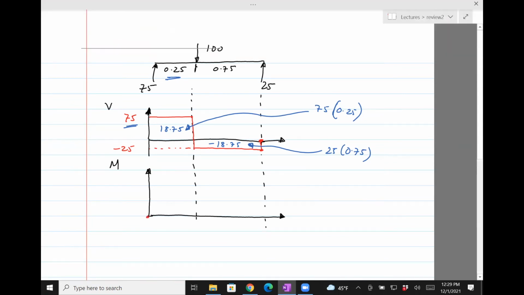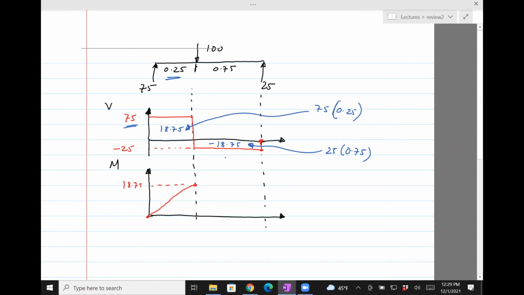So it starts off at 0, and then it varies linearly with distance, because it's going to be something like 75 times x, where x is the distance from the left side. So it'll keep increasing and go up to 18.75, because that's the area under the curve, 18.75.